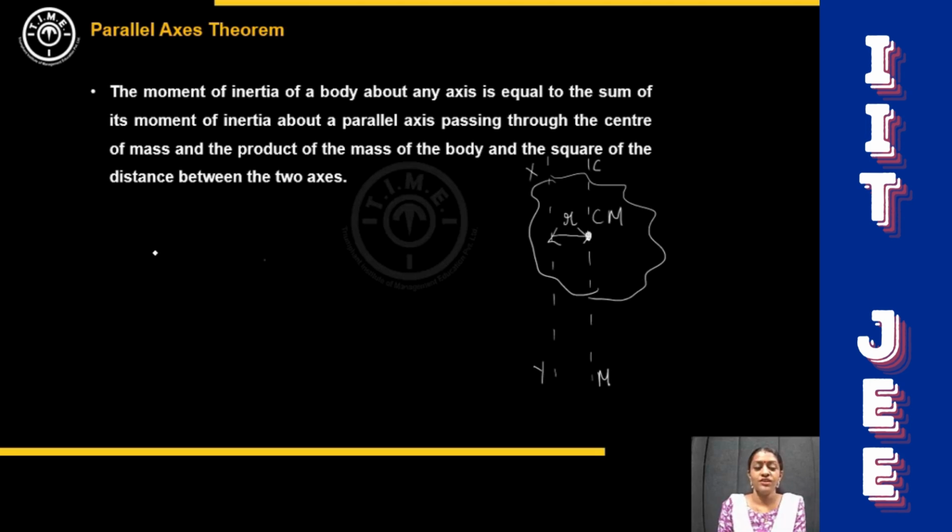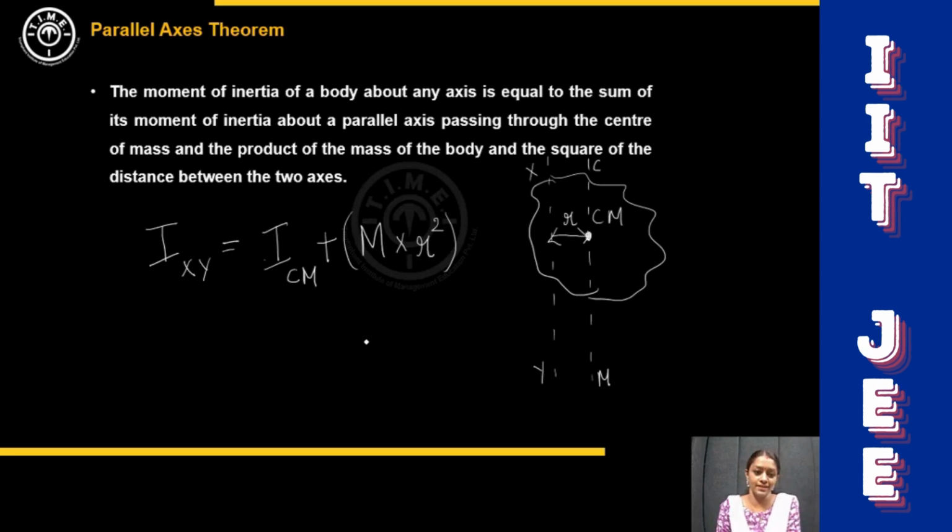So, according to parallel axis theorem, the moment of inertia of this system about the axis XY is given by the sum of moment of inertia about the axis passing through center of mass and the product of total mass of the body and square of distance between the two axes.